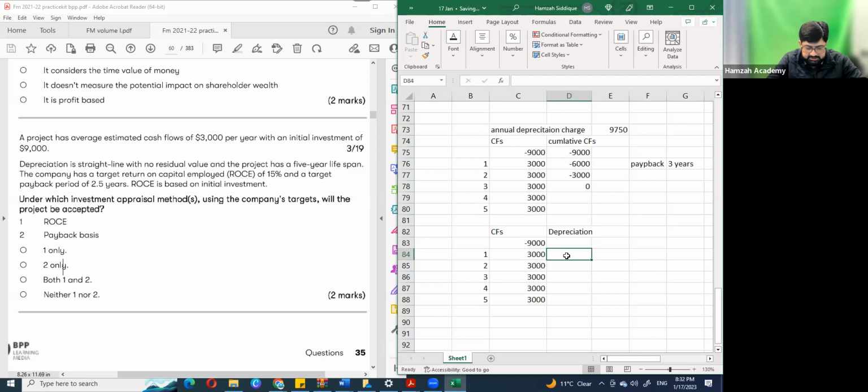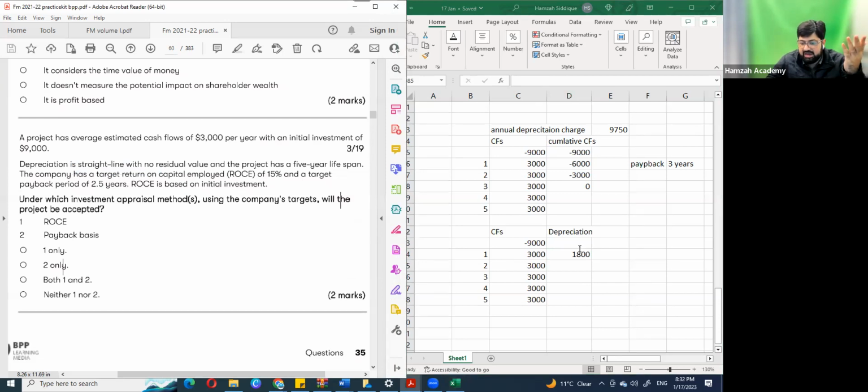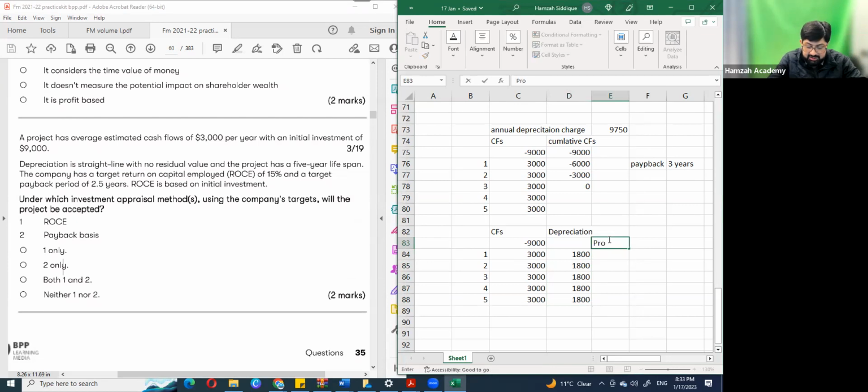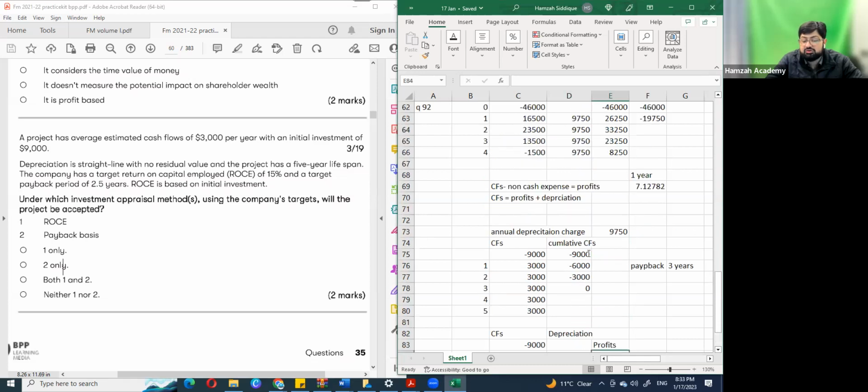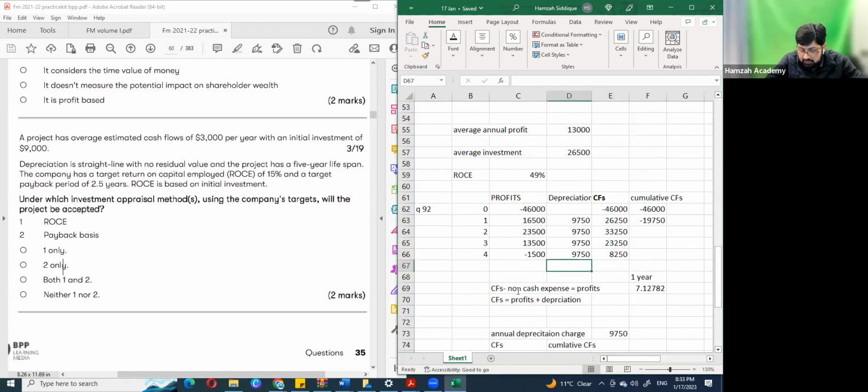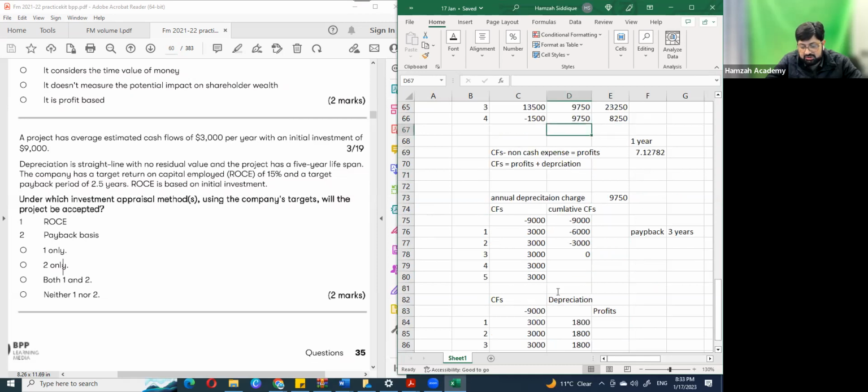Okay, 1800. How many of you have been able to calculate the straight line depreciation? So 9,000 divided by 5 because scrap value is 0. Now we need profit. Students, what is the profit? Profit is equal to cash flow minus depreciation.